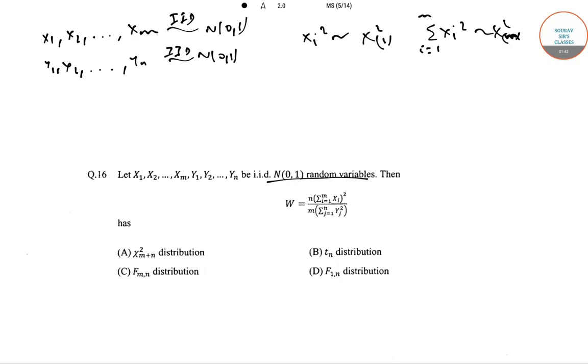And similarly, summation yj squared, where j ranging from 1 to n, follows chi squared with n degrees of freedom.